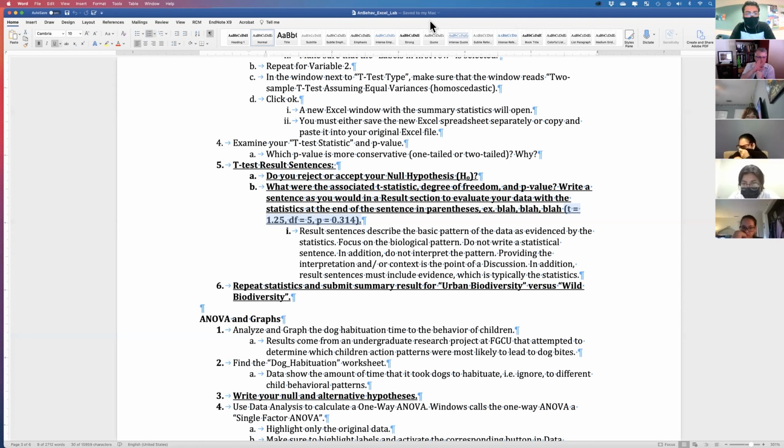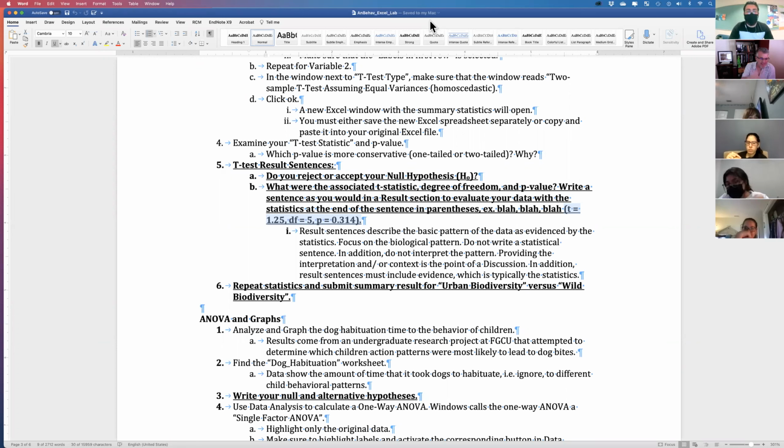And think of it this way, and this will be the last thing I say for today. Think of how you would describe this biological pattern to a parent, a grandparent, or a friend who has no background in statistics or biology, and describe it that way. Don't worry about describing the statistics.